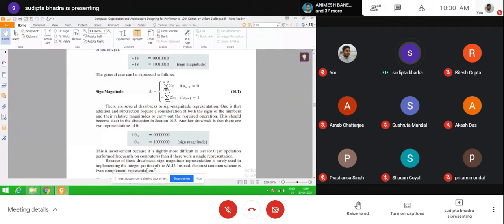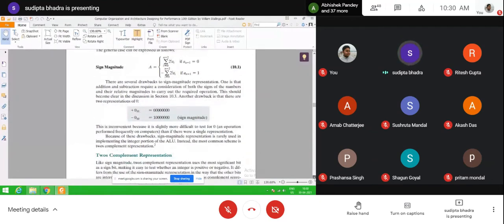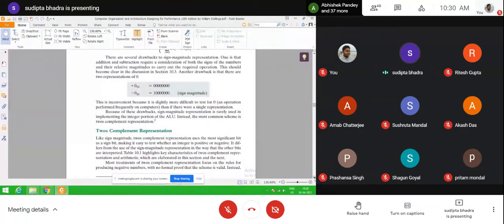So the integer should be represented in complement form, and only then the operation will be performed. I think you are familiar with two's complement representation.